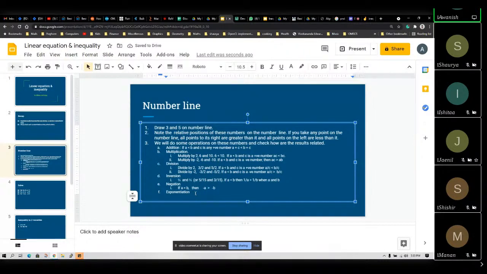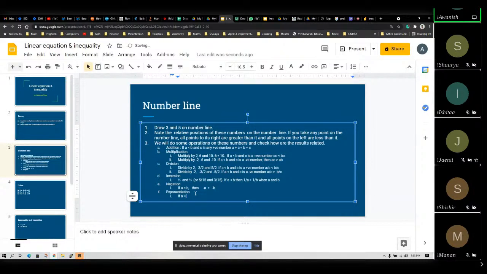Anyone knows about exponentiation here? What is exponentiation? Sir, the power of the number. Okay, good. The indices that we take.